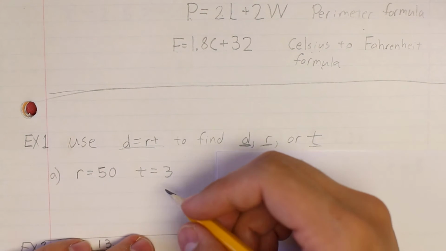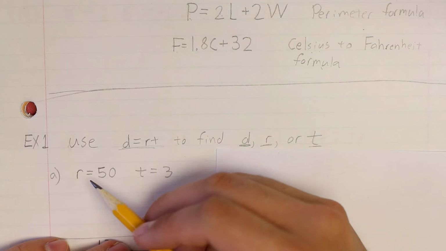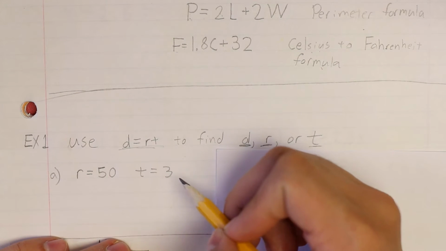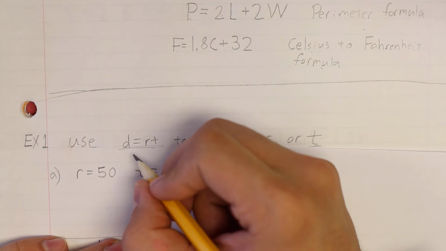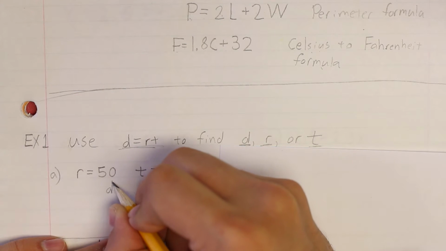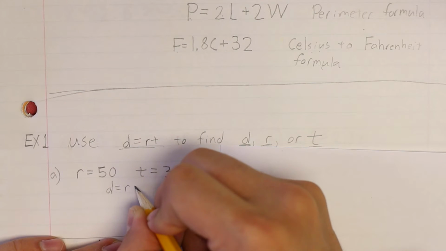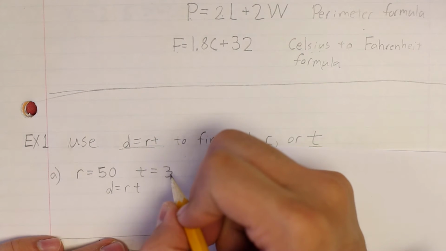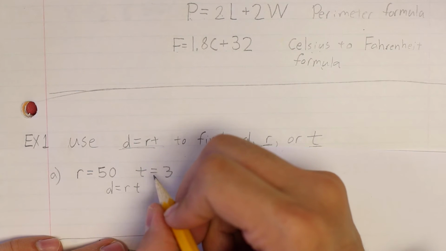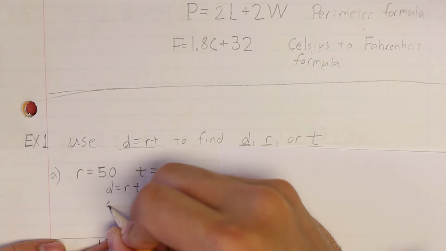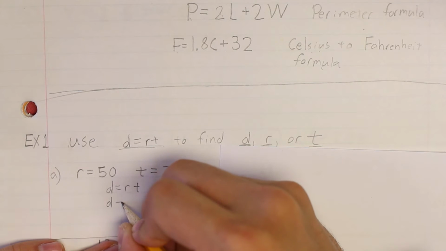Right here we have R is equal to 50 and T is equal to 3. So copy down the distance formula like I'm going to do right here: D is equal to RT. Now, underneath that, replace the variables with the numbers they give you. It doesn't give me anything for D, so I put D back as itself.